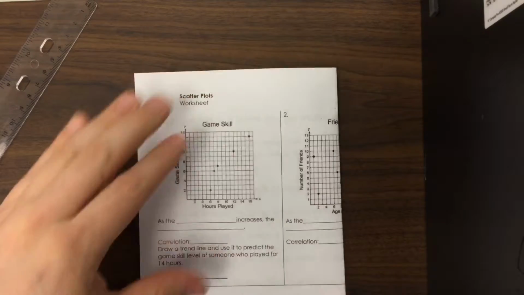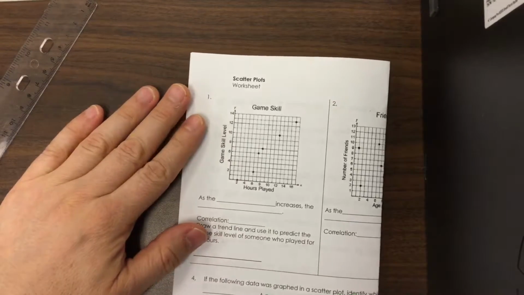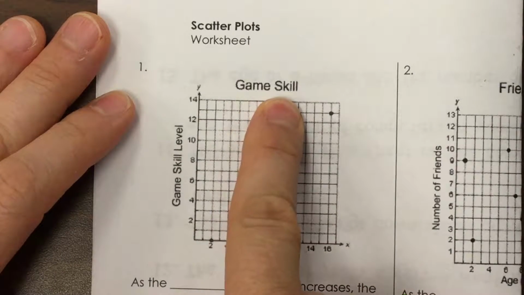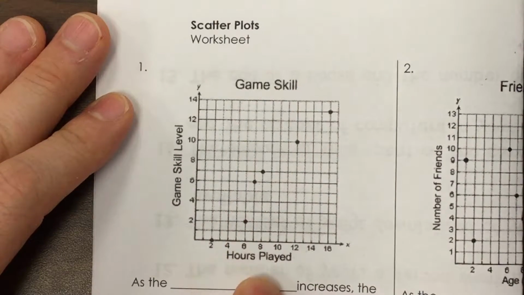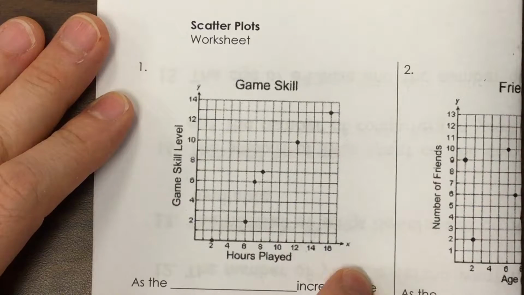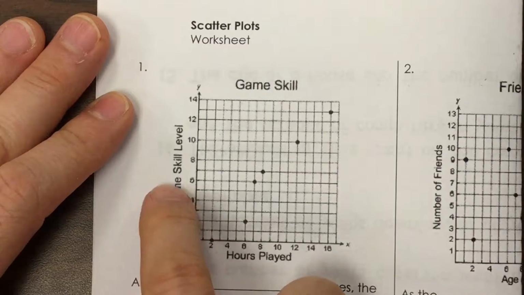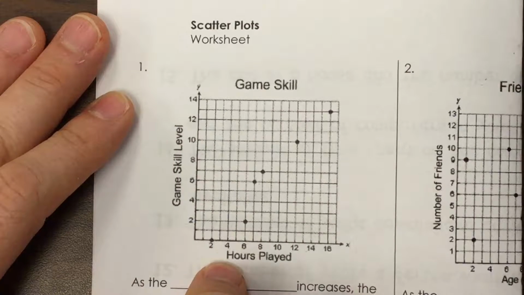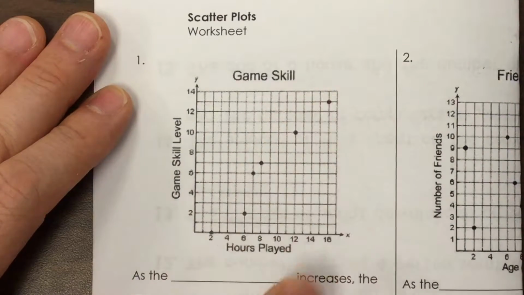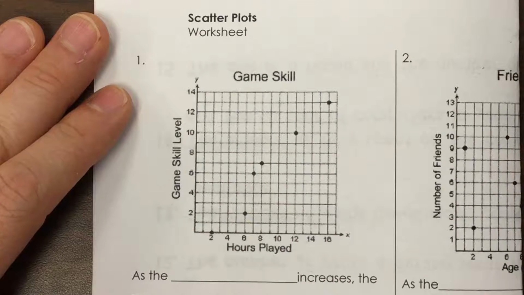Number one, we have a game skill. So basically our x-axis is labeled the number of hours you spent playing the game, and the y-axis is your skill level at the game. Okay, so it looks like this is going in a positive direction, so that would be a positive correlation, right?